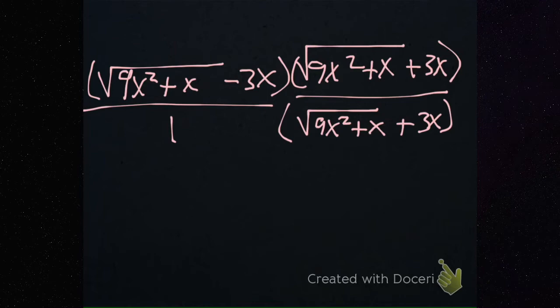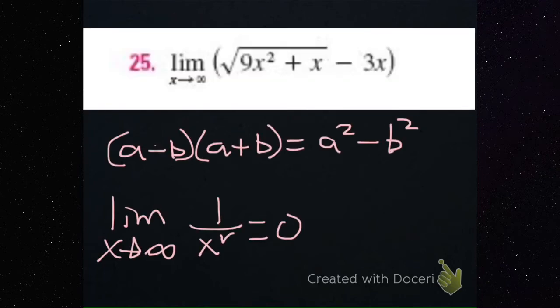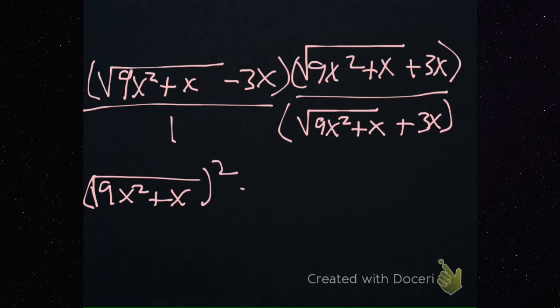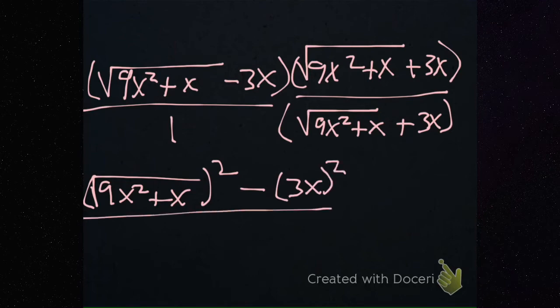Then, we're using the difference of squares. There I have something minus something times something plus that very same something. We're going to get the square of each term. So that's the square root of 9x squared plus x, squared, minus 3x squared, all over the square root of 9x squared plus x plus 3x.